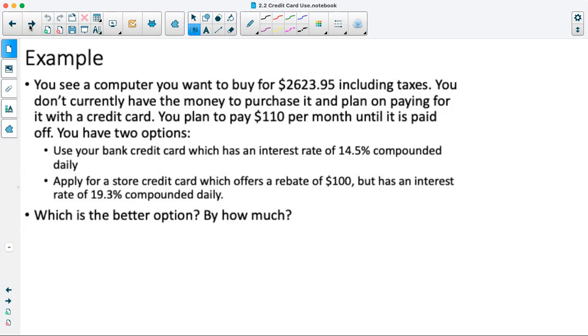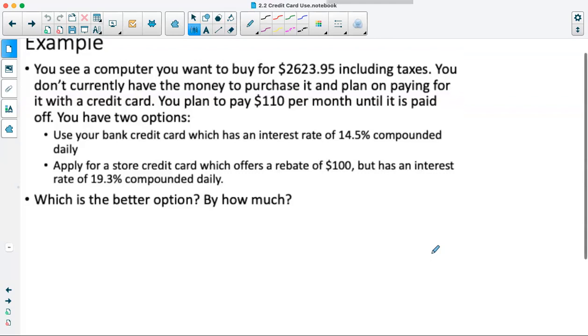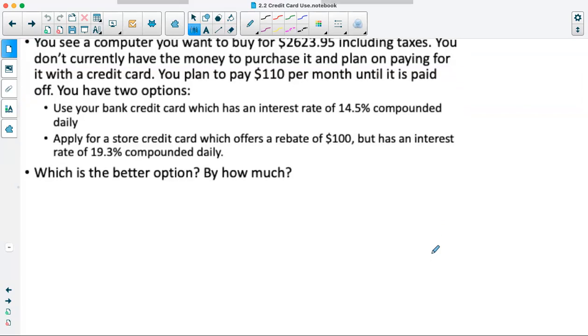So we are going to be using our TVM solvers again because we have regular monthly payments. I'll write out two different ones, one for our bank card, because that was first, and one for our store credit card if we choose that option.